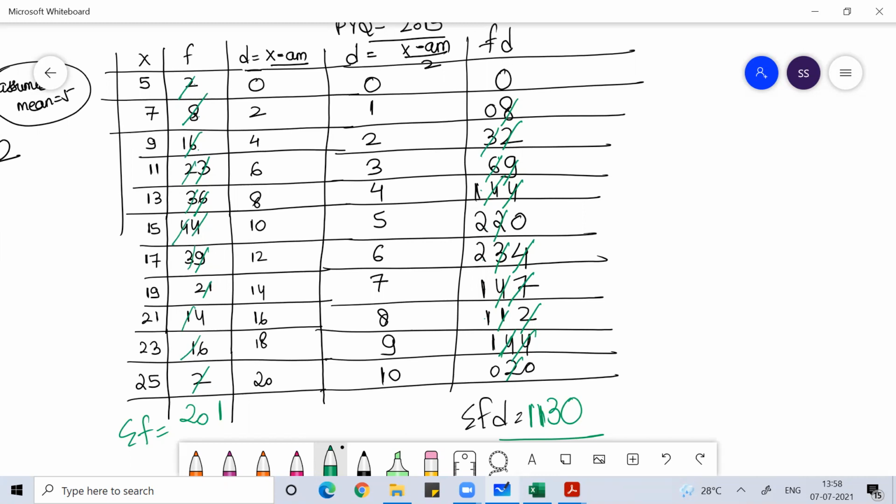In the book, it is given some other value. One minute, let me again check this value. I think I've done it wrong. My book has written 221.